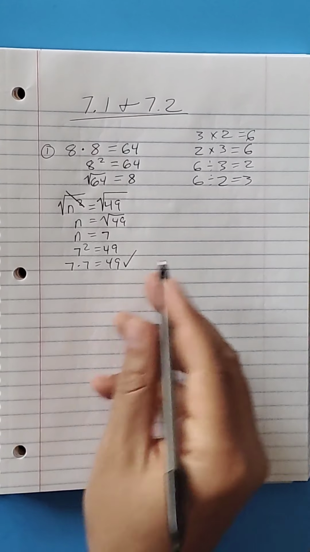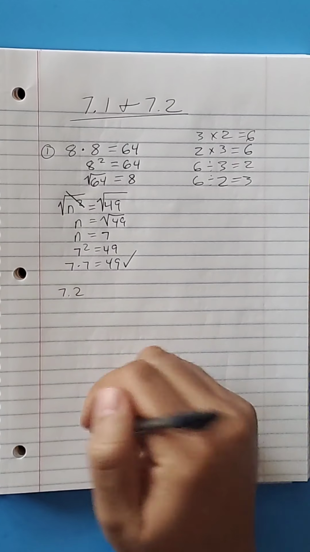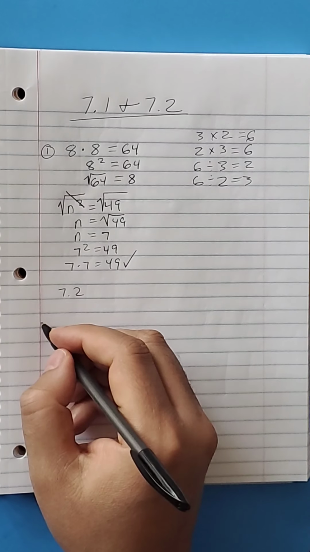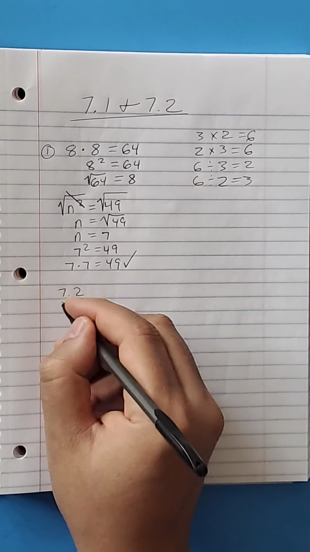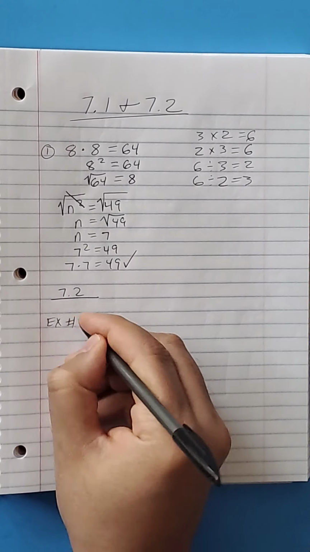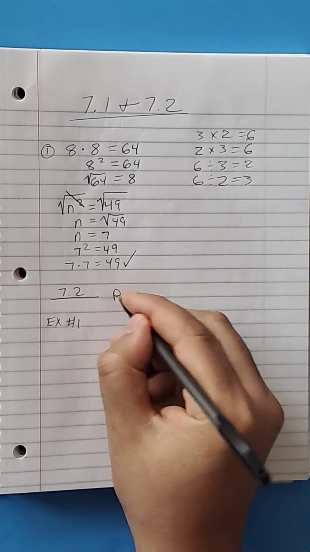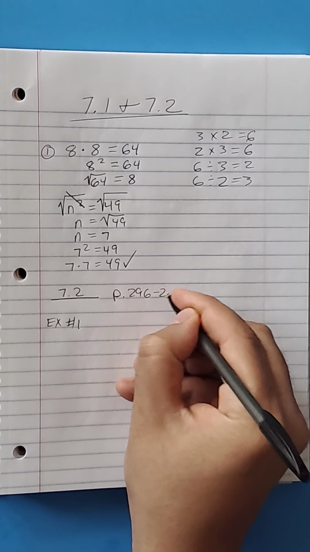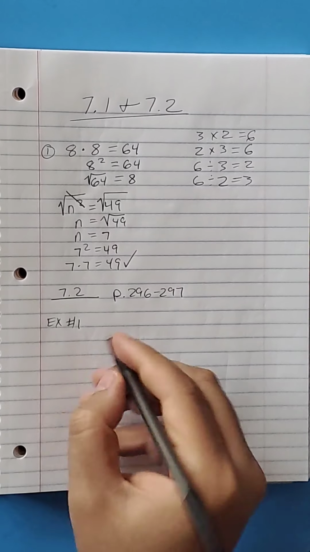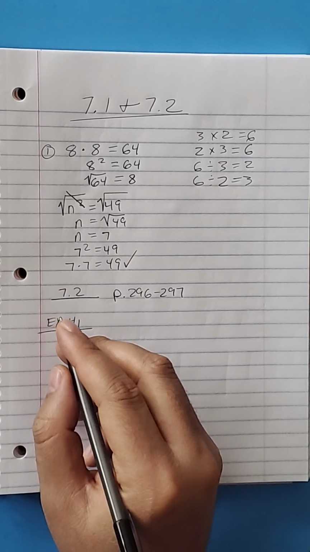All right, so the first thing I want to talk about is 7.2. This is example number 1, from the textbook, on page 296. For example 1, they basically want you to evaluate each expression.